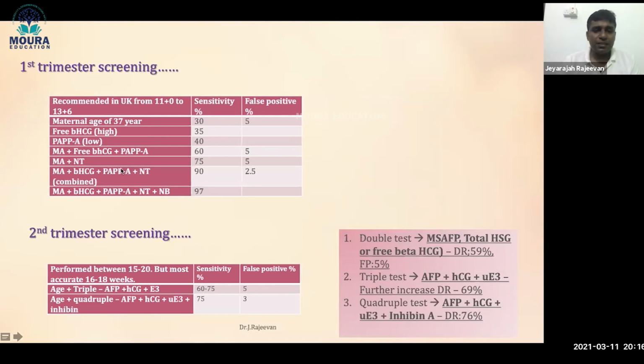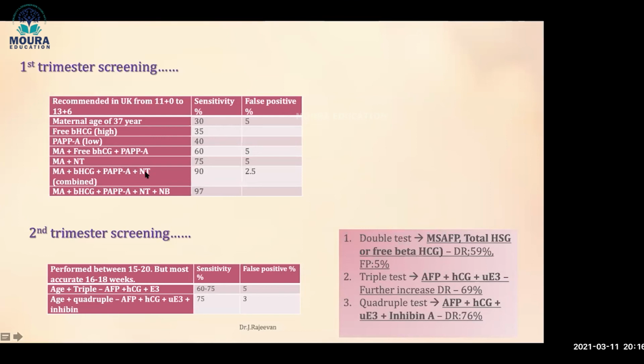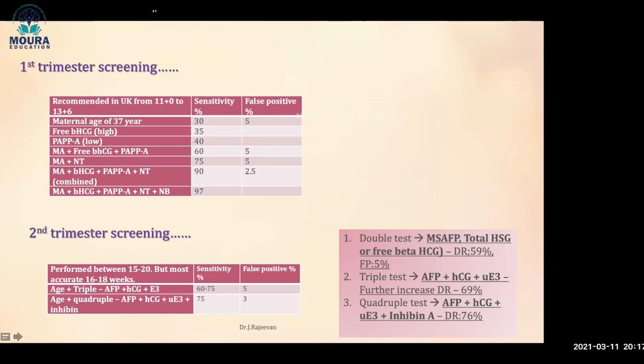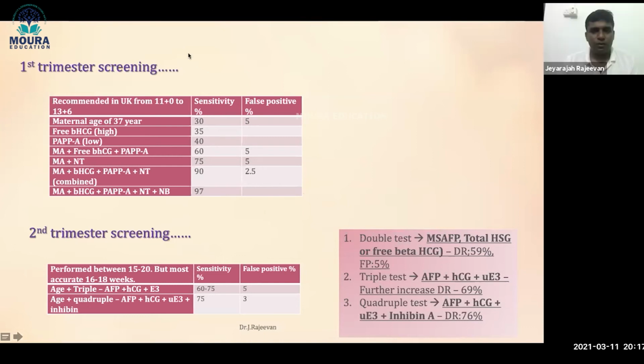The combined test is ultrasound feature, maternal age, and serum markers. Maternal age, serum markers, and nuchal translucency. When you combine all these three, your detection rate goes up to 90%. This is called the combined test.